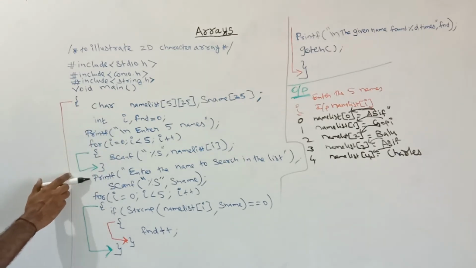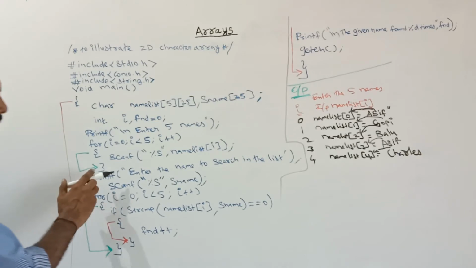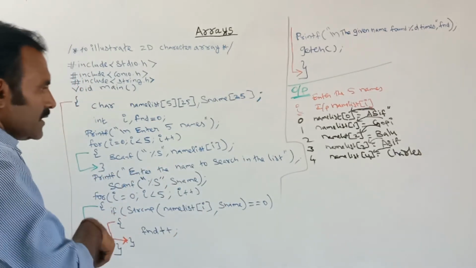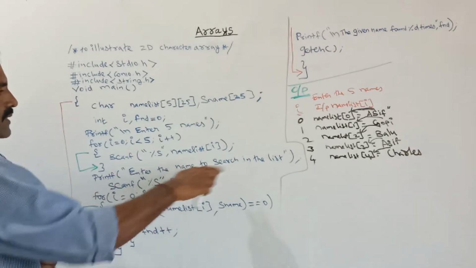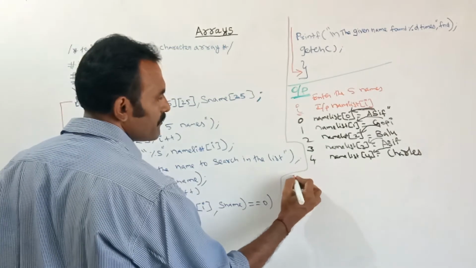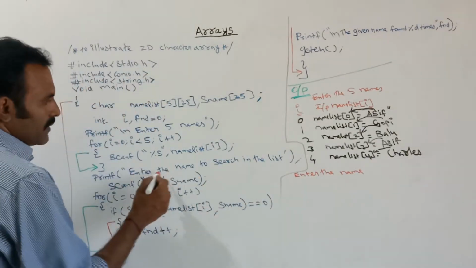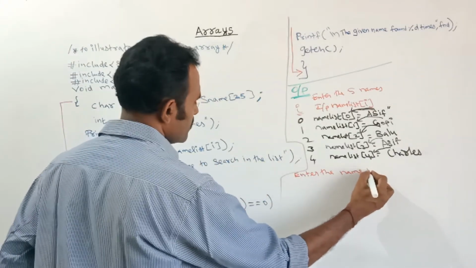The controller will come here. Here I am telling it to print "enter the name to search in the name list". So again this message will be printed: enter the name to search in the list.